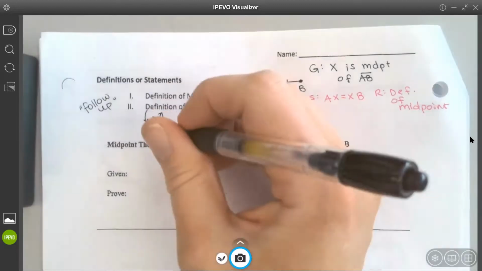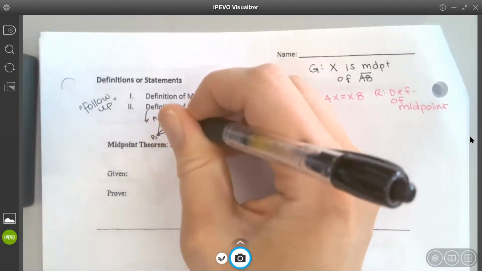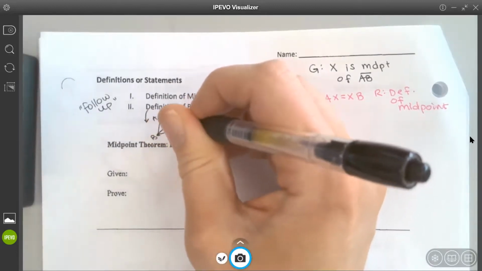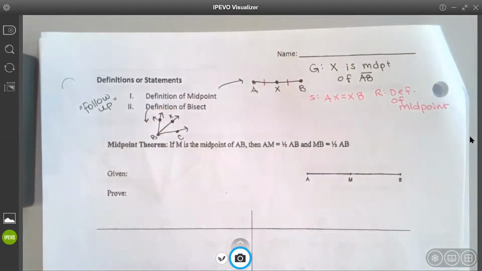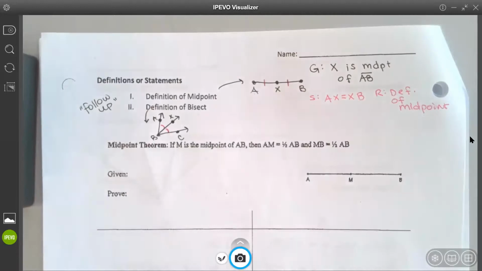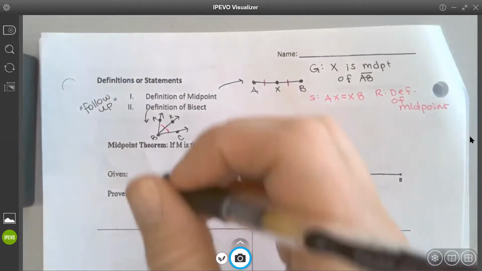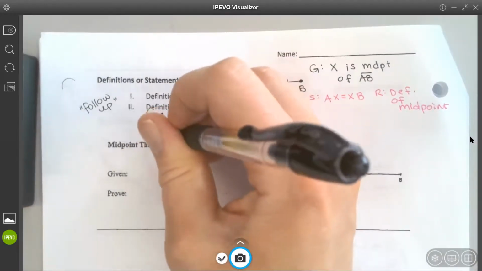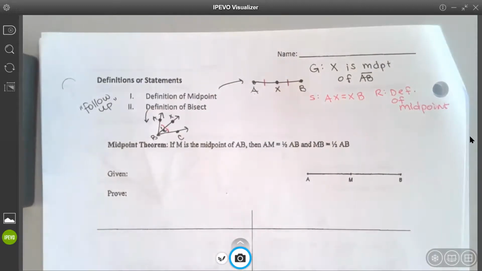So if this angle was cut in 2 equal parts, we'd maybe have a ray try to draw it somewhat in the middle, call it X, that it's cutting the angle into 2 equal angles. And to make our life easier, I'll call it angle 1 and angle 2. Then I don't have to use the letters. So I labeled it 1 and 2, but they're the same because it's bisected, cut in equal parts.